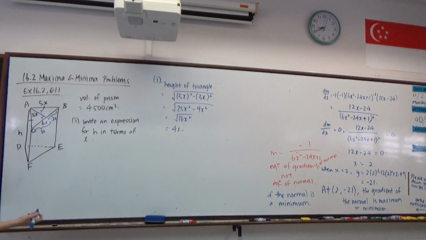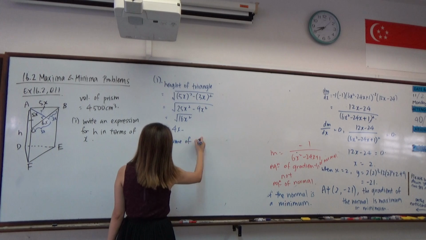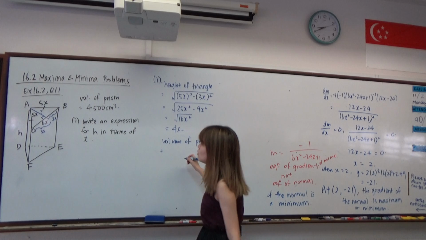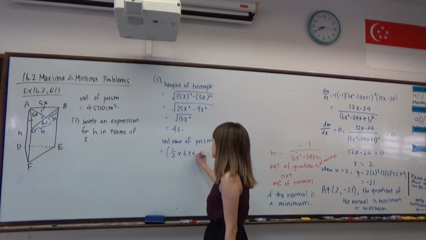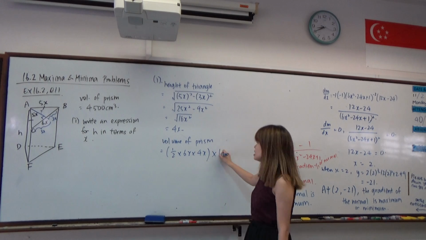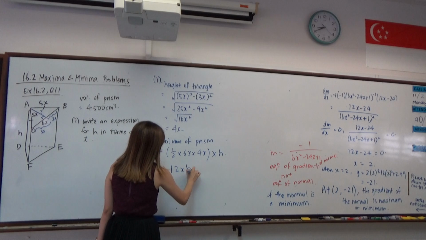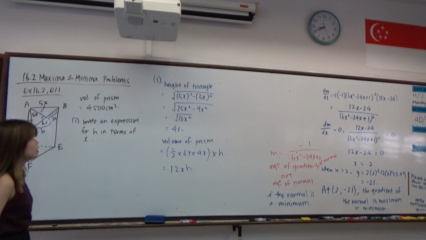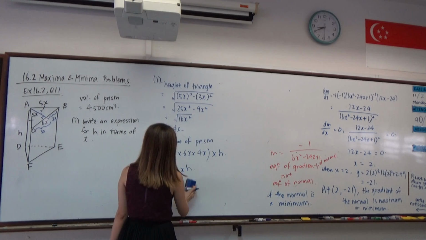Okay, so the volume of the prism will be half times base times height, half times 6x times height 4x times h. So 12xh is the volume of the prism, and that is going to give you 4,500.